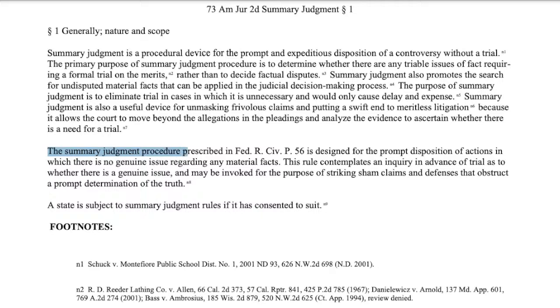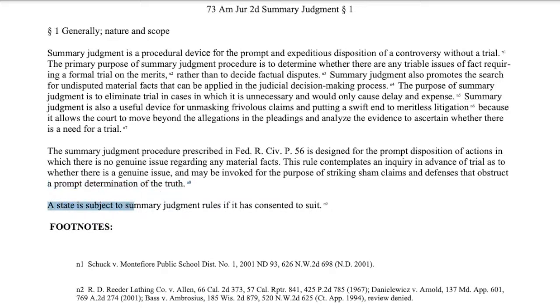The summary judgment procedure prescribed in Federal Rule of Civil Procedure 56 is designed for the prompt disposition of actions in which there is no genuine issue regarding any material facts. This rule contemplates an inquiry in advance of trial as to whether there is a genuine issue, and may be invoked for the purpose of striking sham claims and defenses that obstruct a prompt determination of the truth.